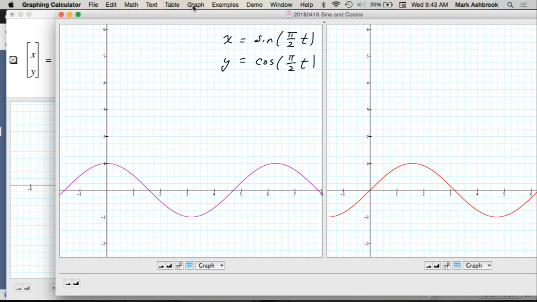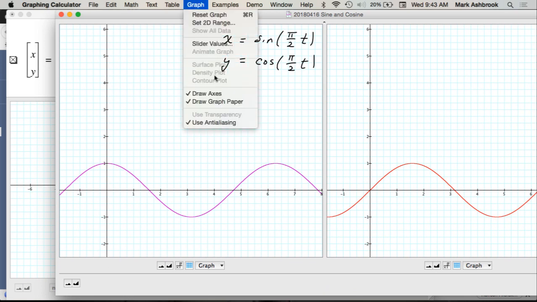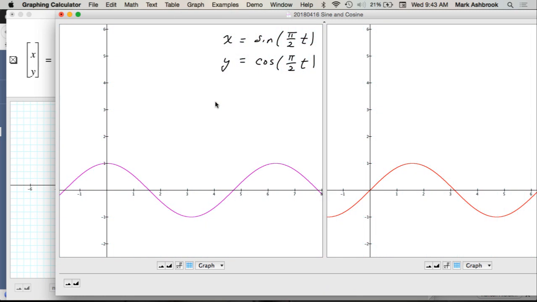Okay, you're making progress, or you're talking with somebody? Give a full description without using technology, a full description of this parametric function. That would be a fair quiz to have right now.